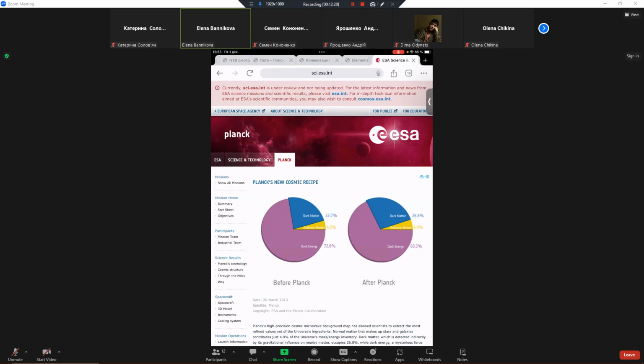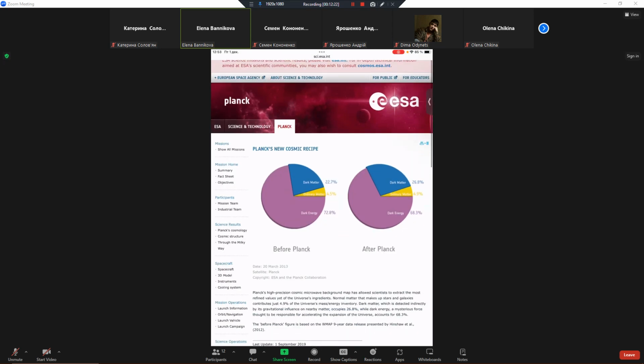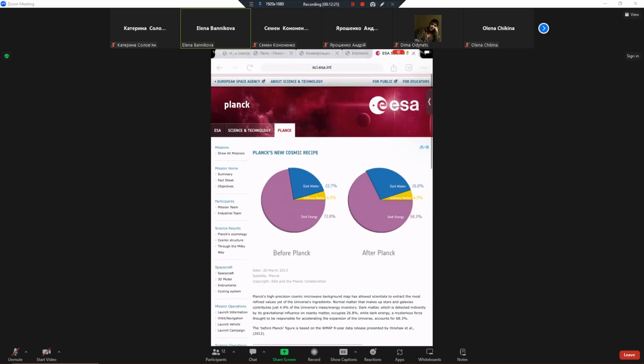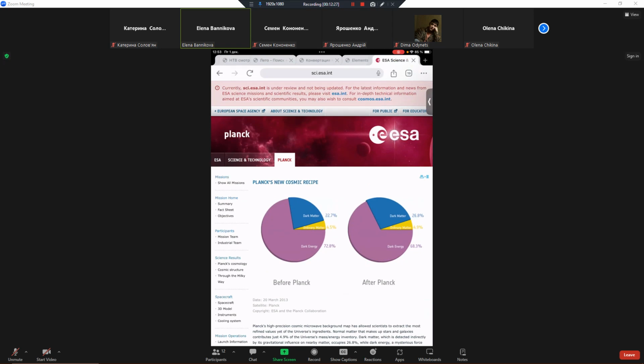So this is, for example, the site, the link, on the Planck satellite. This is the European Space Agency, because it was exactly the European Space Agency that was responsible for the launch and working of the satellite called Planck.